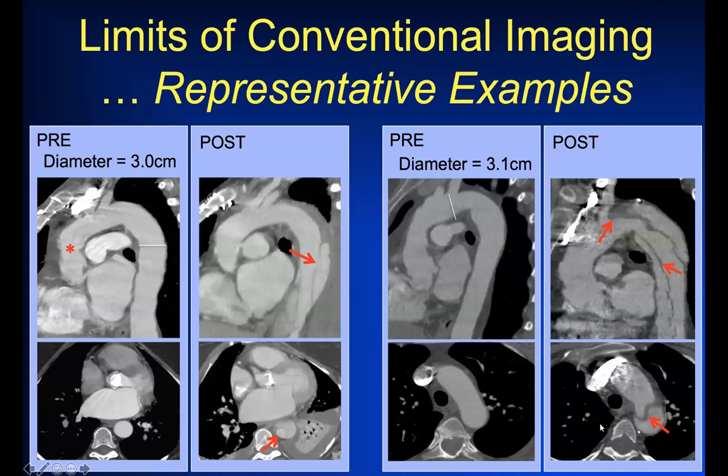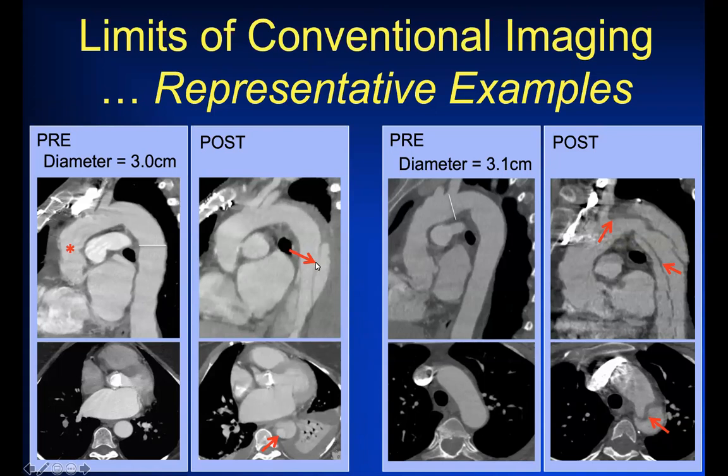Here are some representative examples of pre and post dissection imaging in patients not meeting criteria for surgical intervention. Here we have a patient, as you can see on the left, with a prior ascending thoracic aortic graft, minimal dilation of the descending thoracic aorta, 3 centimeters, and subsequent dissection on post dissection follow-up.